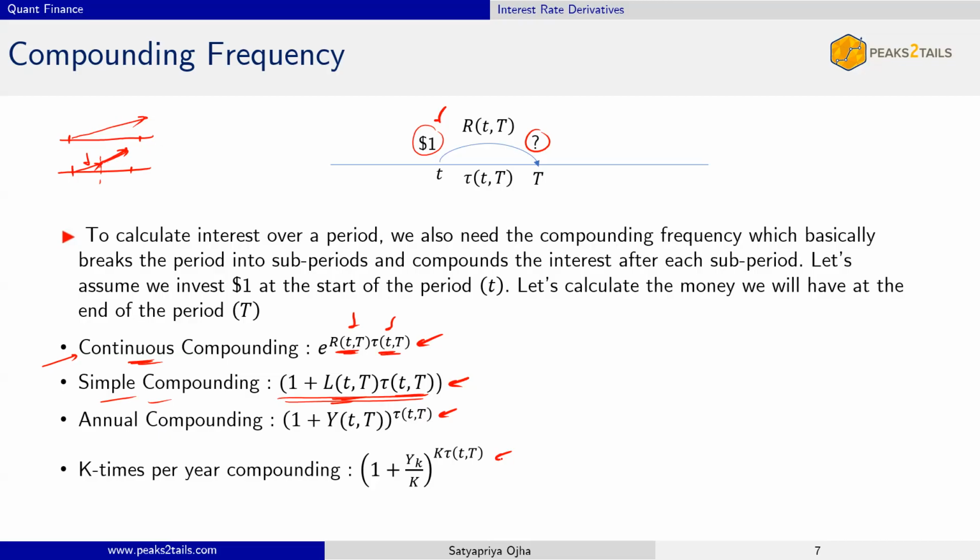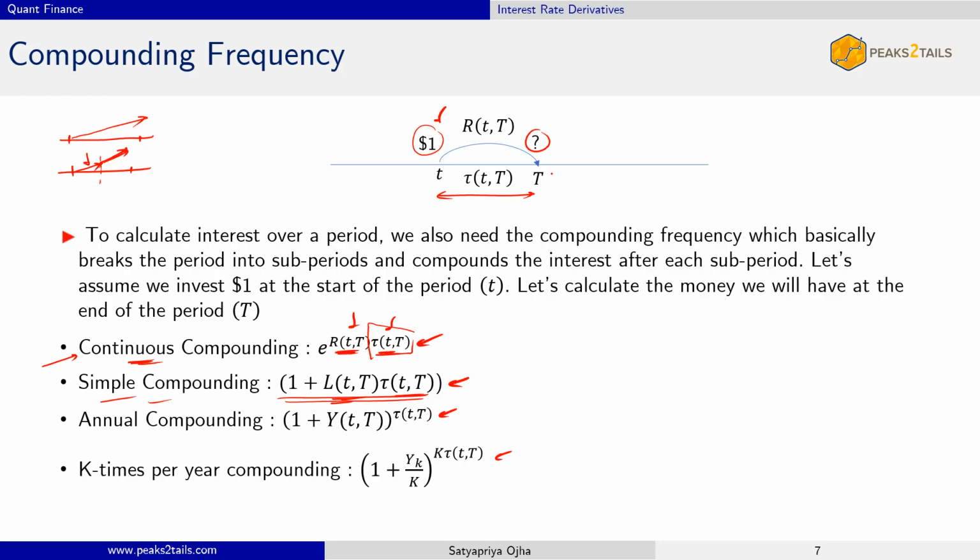Question from Rahul: can you please explain year fraction in continuous compounding? Oh, these are separate ideas. Continuous compounding basically means that you are compounding every second, every instant, and the rate given to you in terms of continuous compounding is R. Year fraction is a separate calculation: what is the length of the period in terms of years?